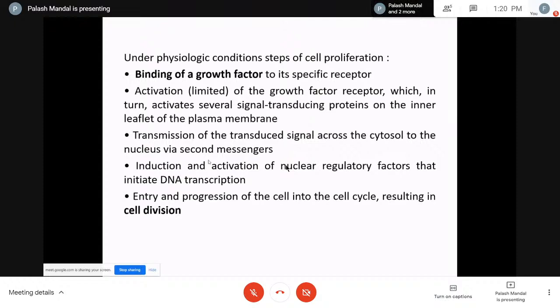All the cell cycle has to go through the nucleus, because that is where the DNA is stored and where the chromosomes are present. Cytoplasm does not contain DNA, isn't it? So everything has to go to the nucleus. That is the point of action. Understand? The entry and progression of the cell into the cell cycle leads to cell division. So the second messengers carry the signal to the nucleus and lead to cell division.